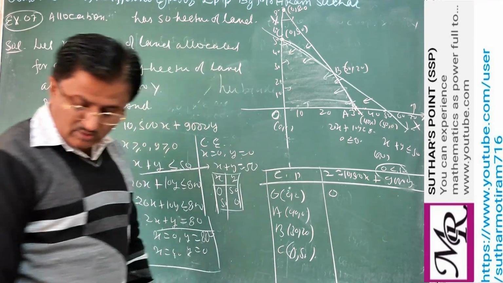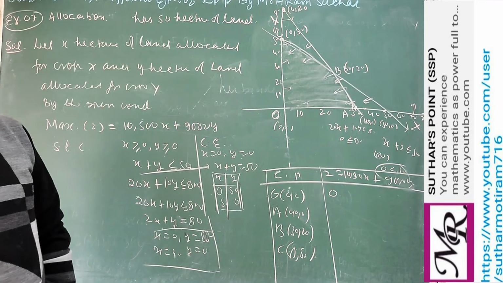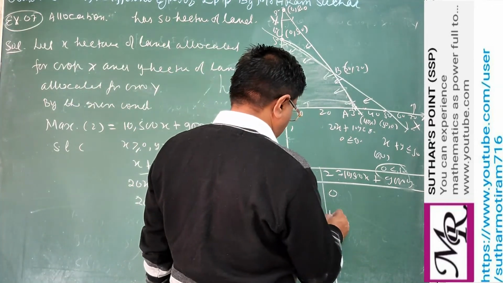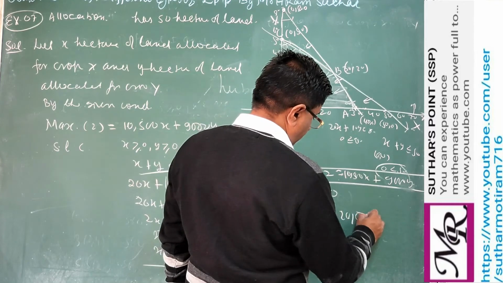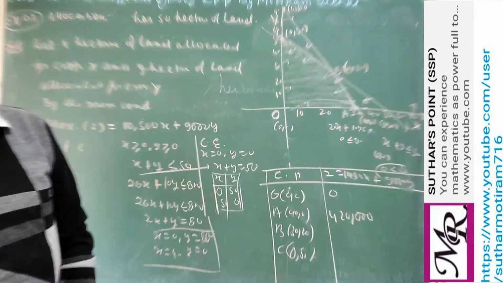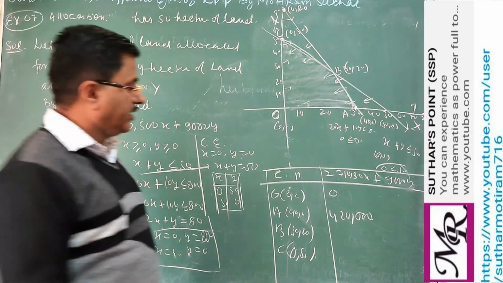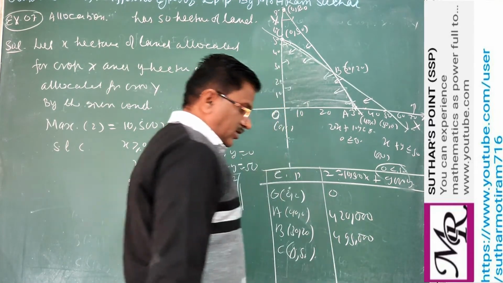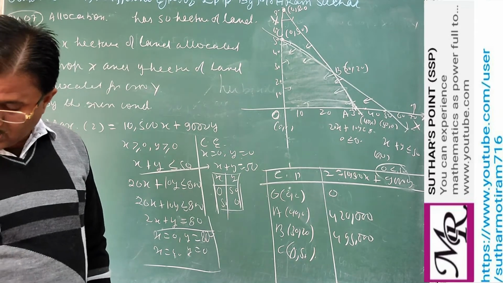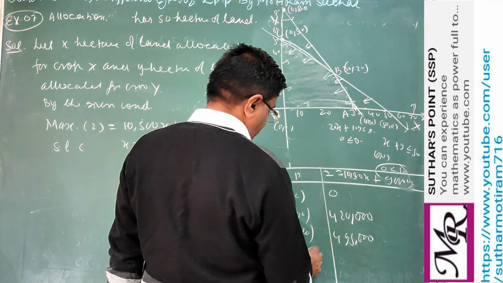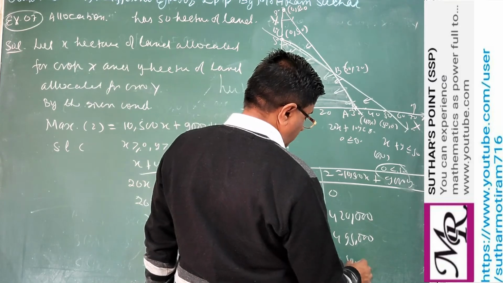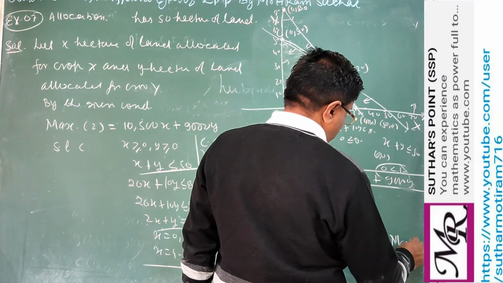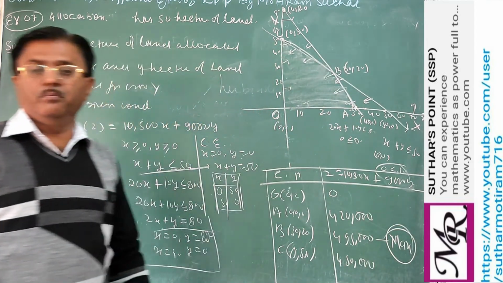So put all these values. For 40, 0, that will be 4,20,000. For B, 30, 20, it is 4,95,000. This is the total profit for the crops. And for C, 0, 50, it is 4,50,000.